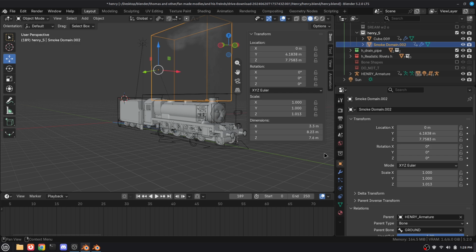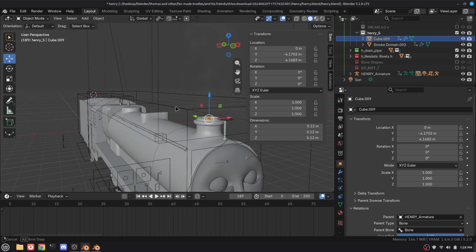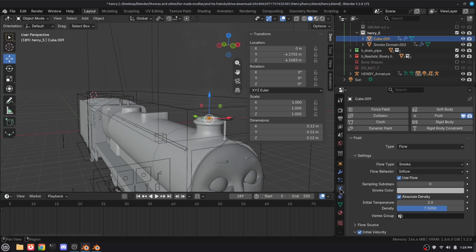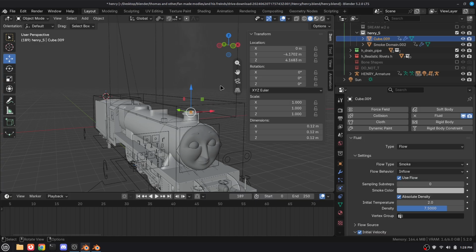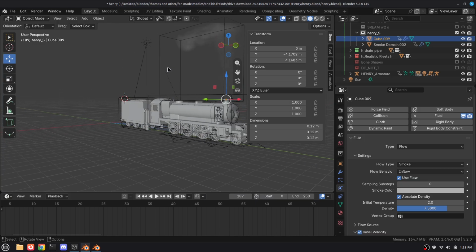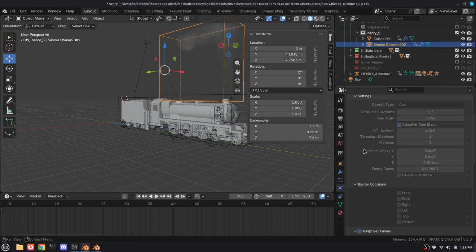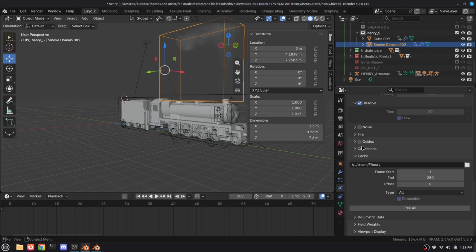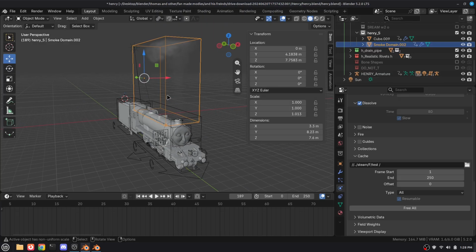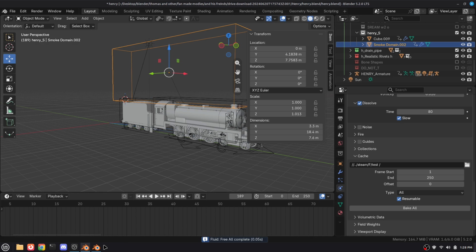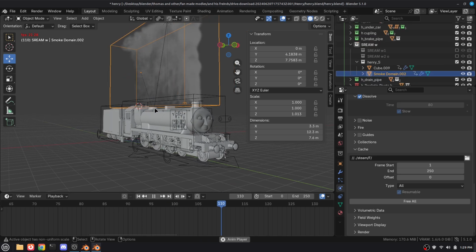Usually you could move the cube around, or any type of inflow object, so the steam could flow through, but I don't know what's going on. I think this is a bug because I can't do this anymore.